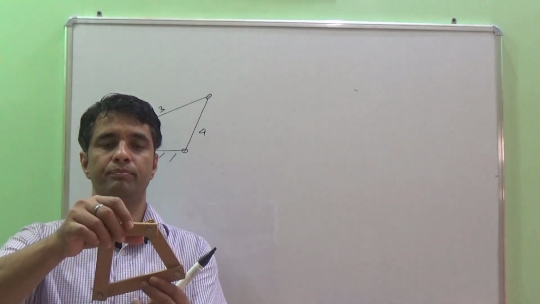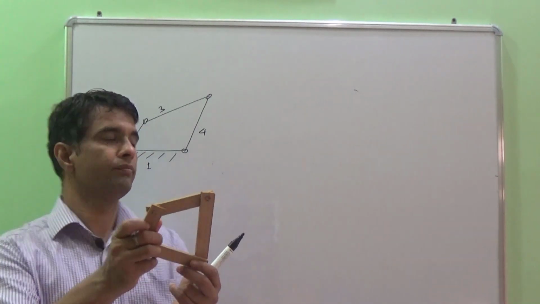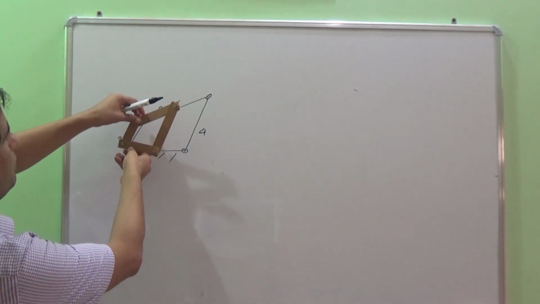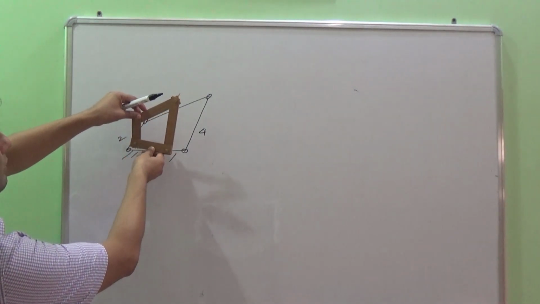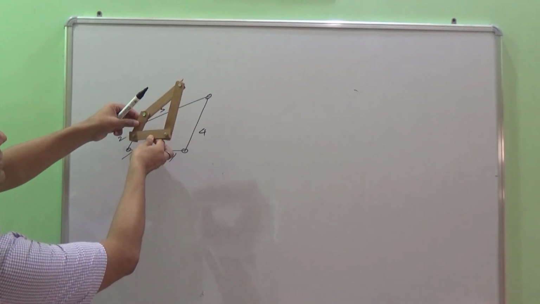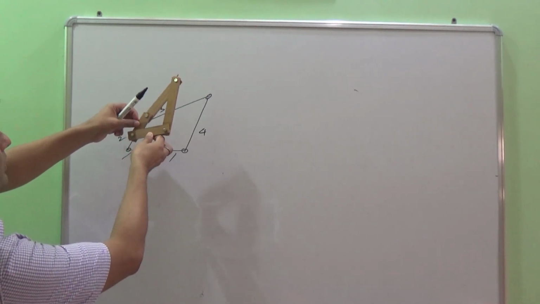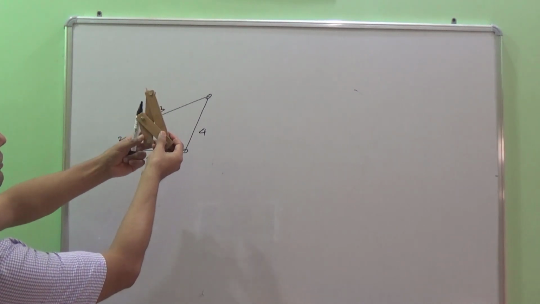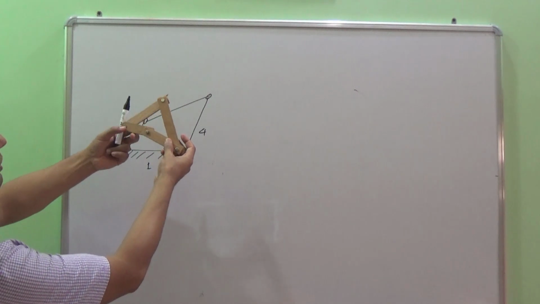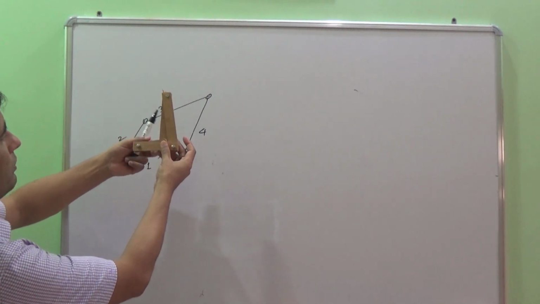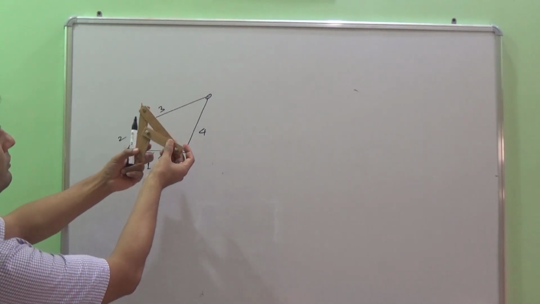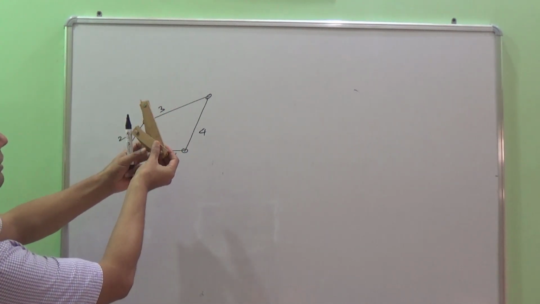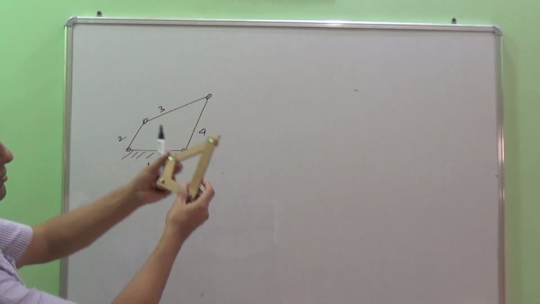In this case, let us assume this one is your link 2 and this one is link 1, right? I am fixing this link, and if I rotate this link, it will lead to this sort of motion. This motion is called the crank-rocker mechanism.